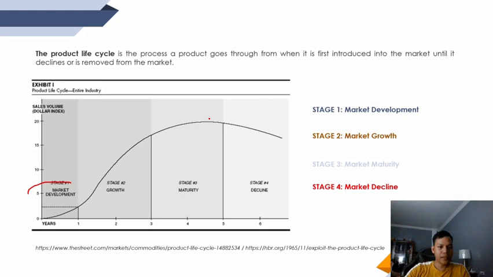And the fourth one is stage four. We have this market decline. So your product will no longer be attractive to your customers. That is why we can see different products in the market having continuous revisions and enhancements, because if they fail to develop or enhance their products, there's a big tendency that their products will decline.